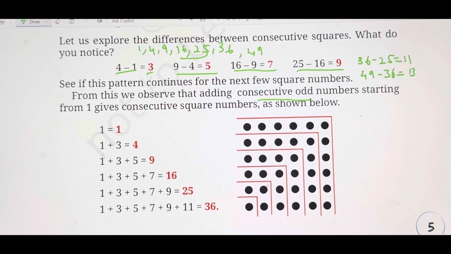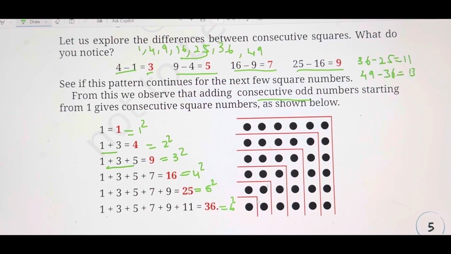Then 1 plus 3 gives 4. 1 plus 3 plus 5 gives 9. The first 3 odd numbers add up to 3 square, the first 2 odd numbers to 2 square, that is 4, and the first 1 to 1 square, that is 1. The first 4 odd numbers give 16, that is 4 square. The first 5 odd numbers give 25, so 5 square. The first 6 odd numbers give 36, 6 square, right?